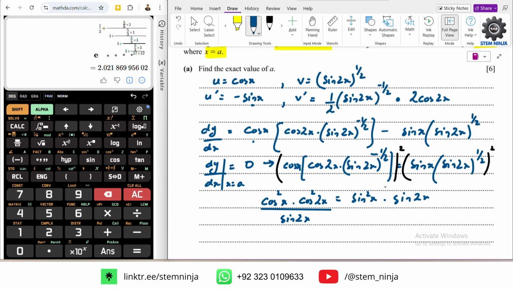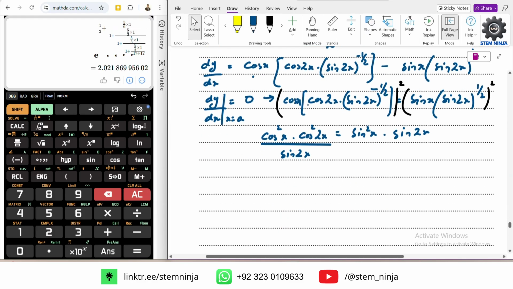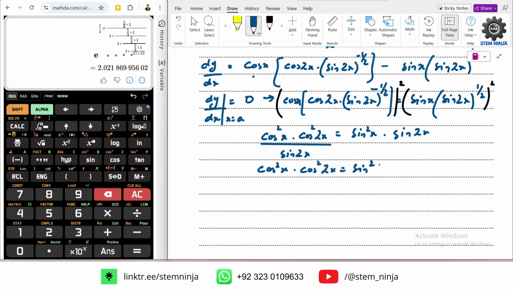So if you cross multiply sine 2x with sine 2x, it becomes sine squared 2x. So cos squared x times cos squared 2x equals sine squared x times sine squared 2x.